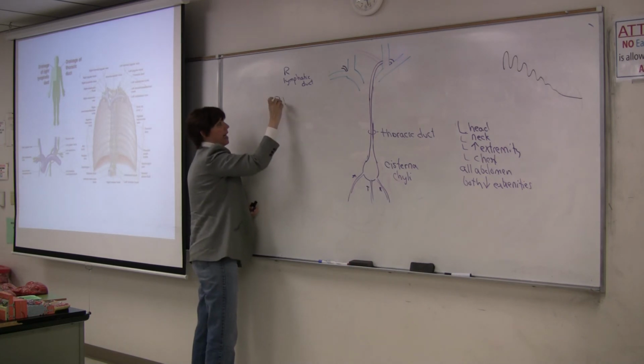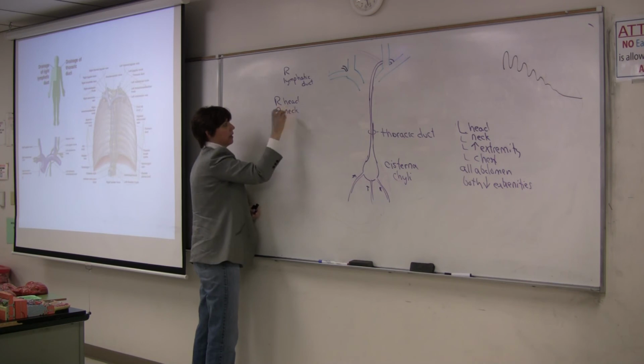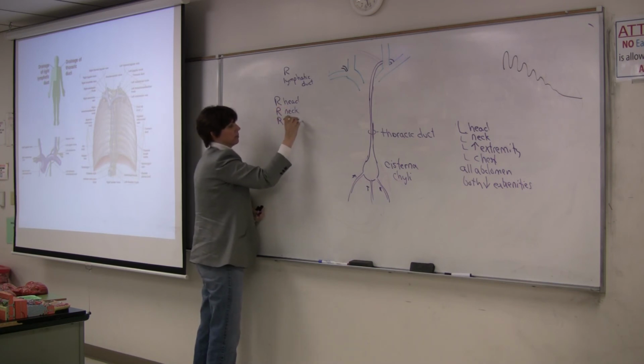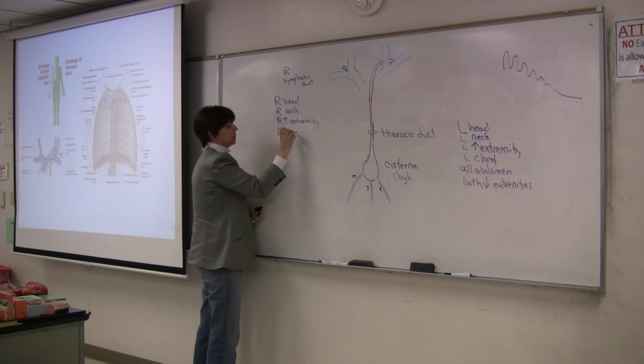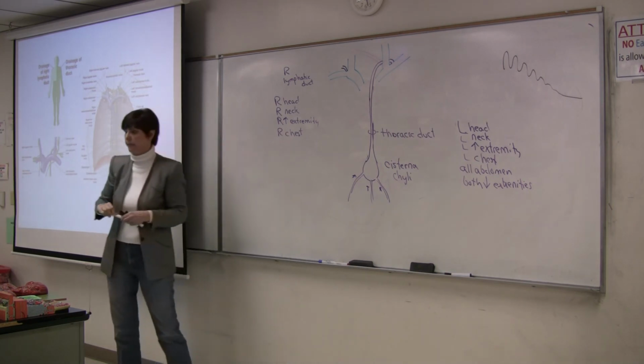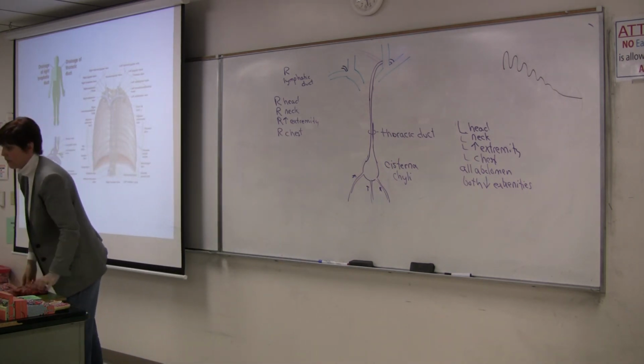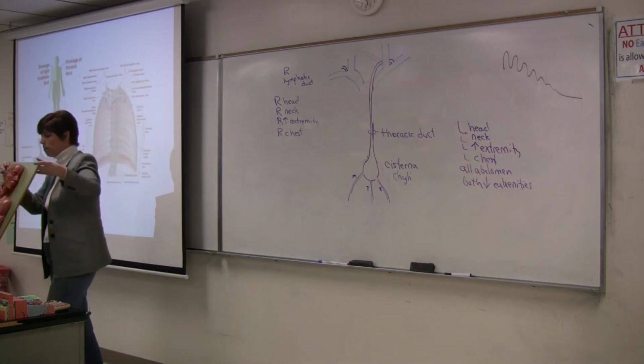And it's going to carry lymph from the right head, right neck, right upper extremity, and right chest. Okay. So we have 2 of these lymphatic models.